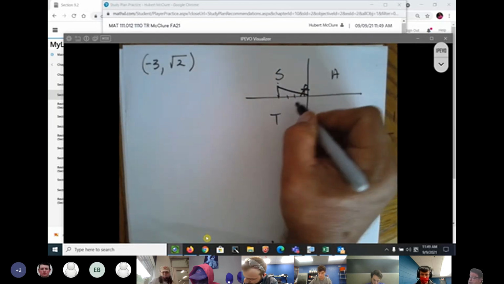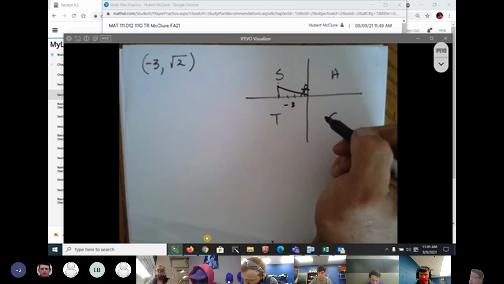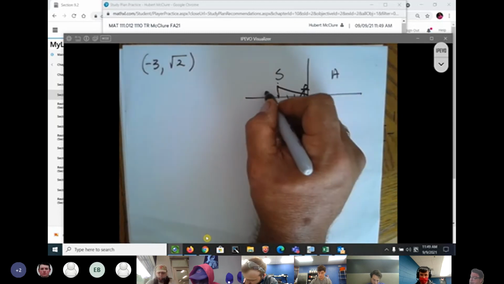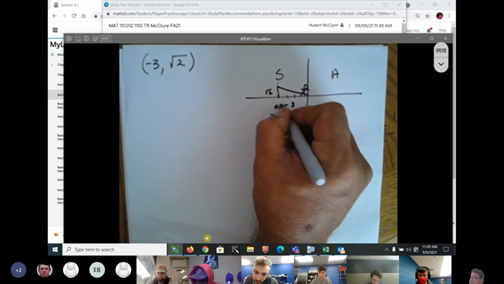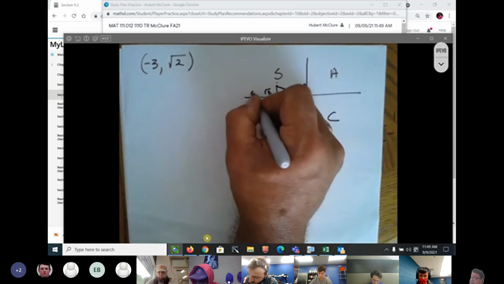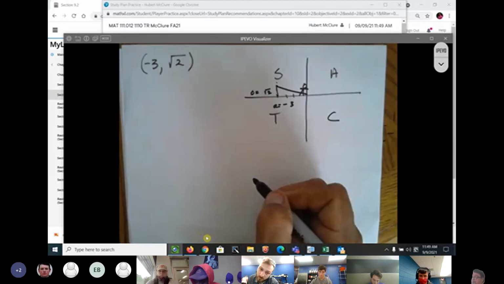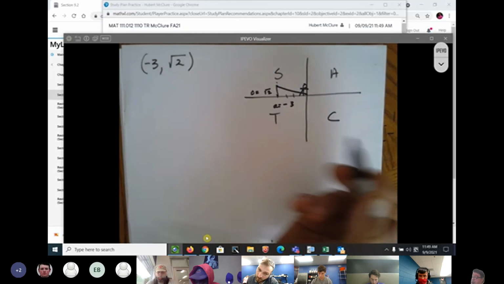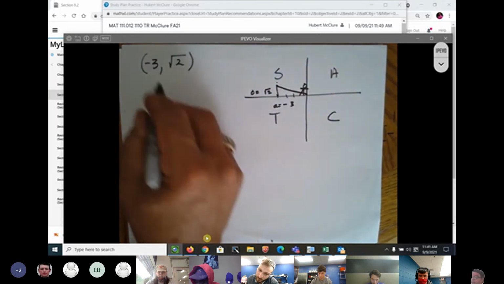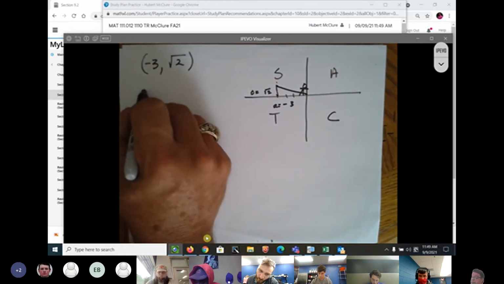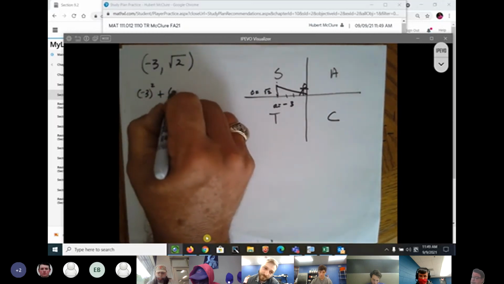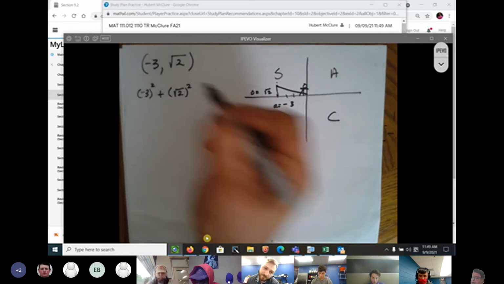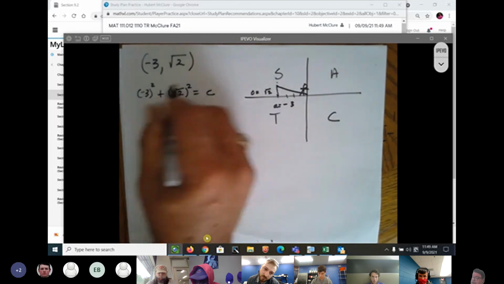And the adjacent is -3. The opposite is the square root of 2. So adjacent is equal to that. Opposite is equal to that. And we use the Pythagorean Theorem. So -3 squared plus the square root of 2 squared is equal to C.